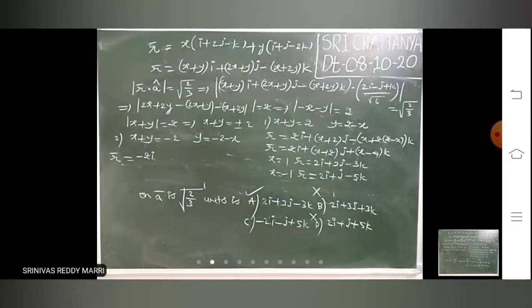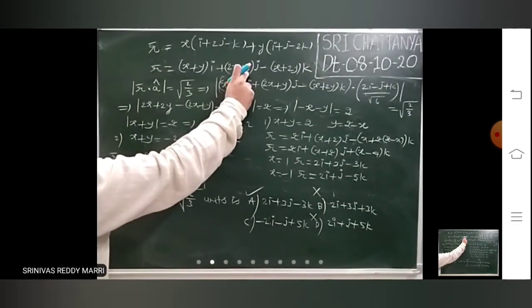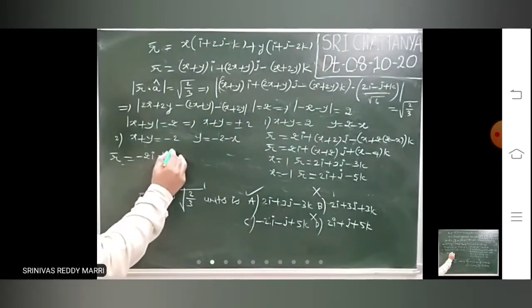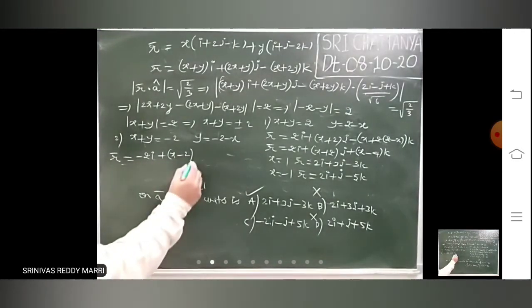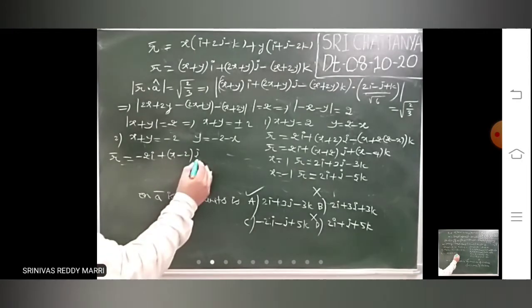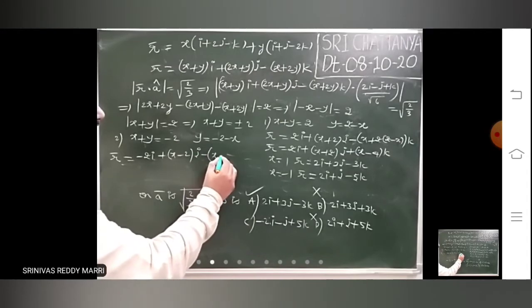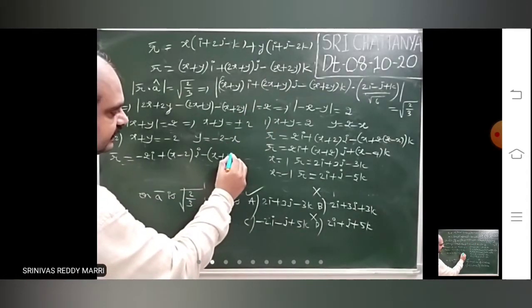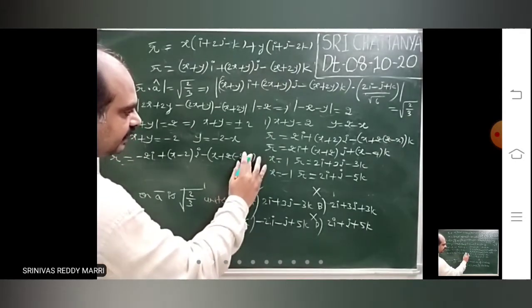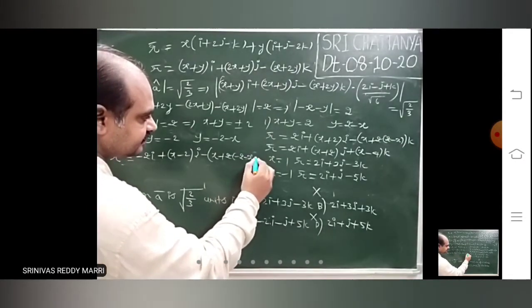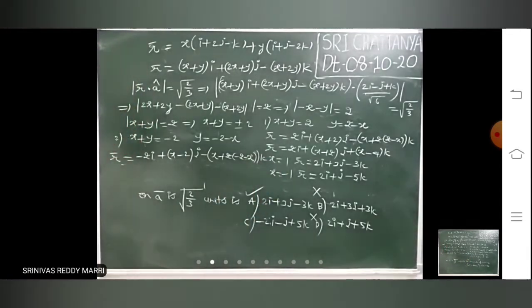So then if you substitute y equal to minus 2 minus x, then you will get x minus 2 minus 2 minus x, that means you will get x minus 2 j minus of x plus 2 into minus 2 minus x you substitute into k. You will simplify that.